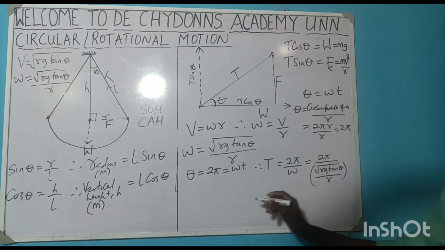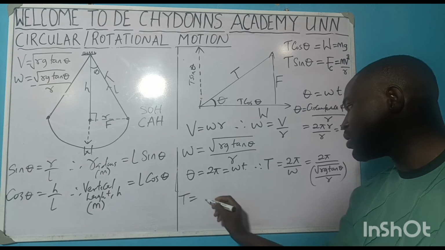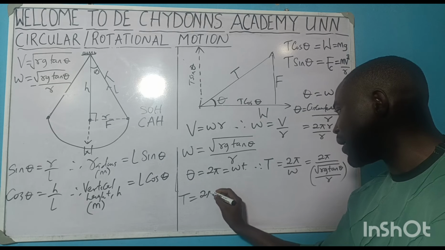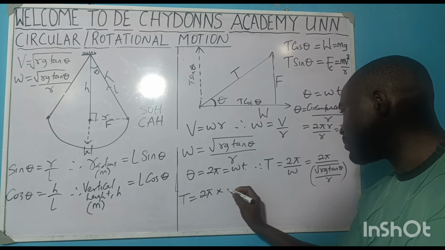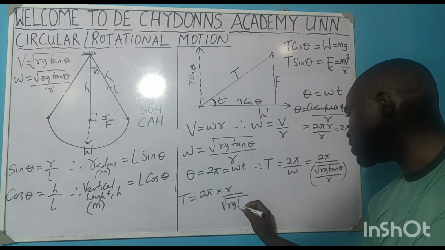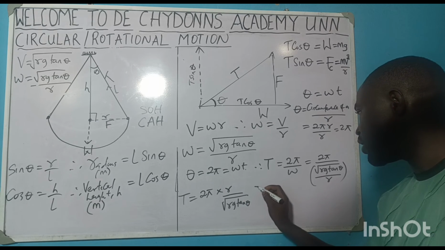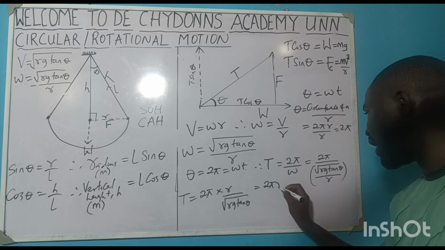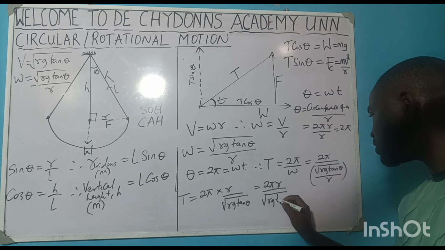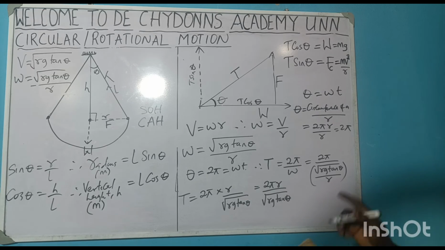So simplifying this, the period will be equal to 2 pi times R all over the square root of Rg tan theta.